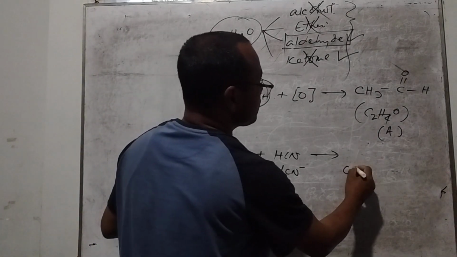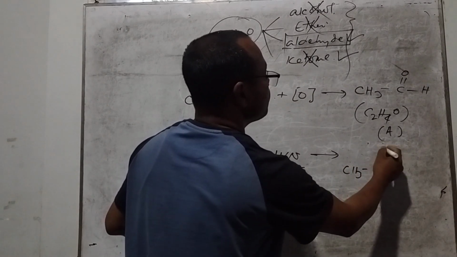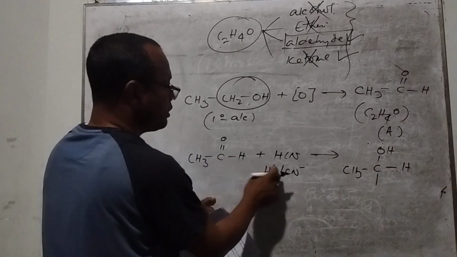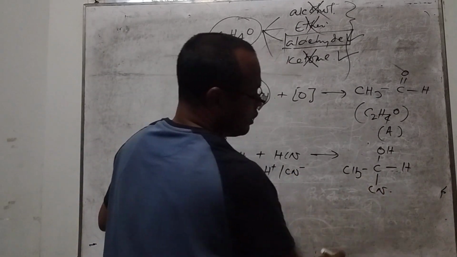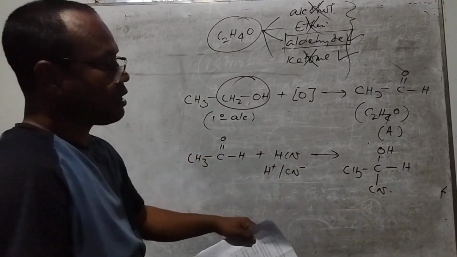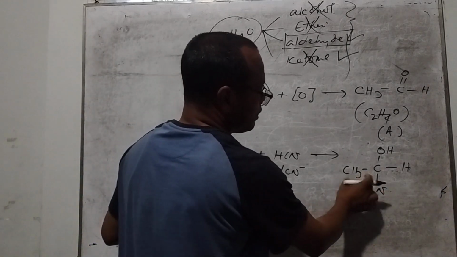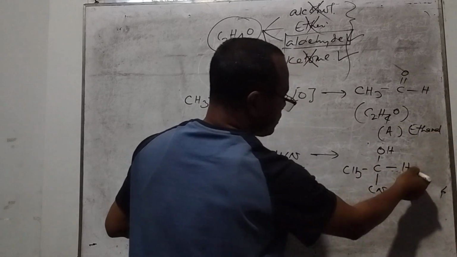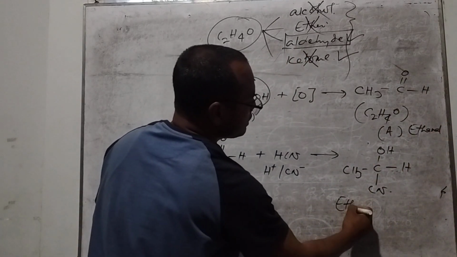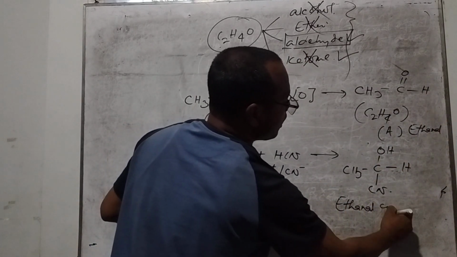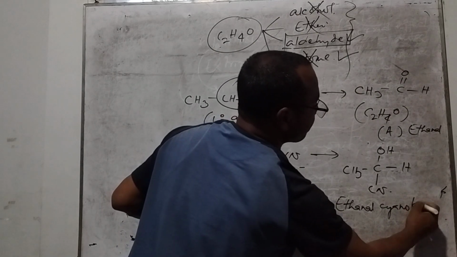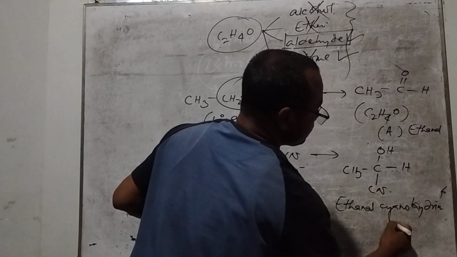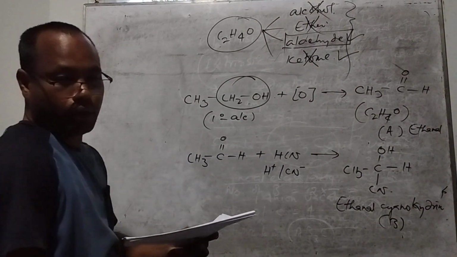So the product is CH3CH(OH)CN. The name of this compound is ethanal cyanohydrin. So this is the key compound B.